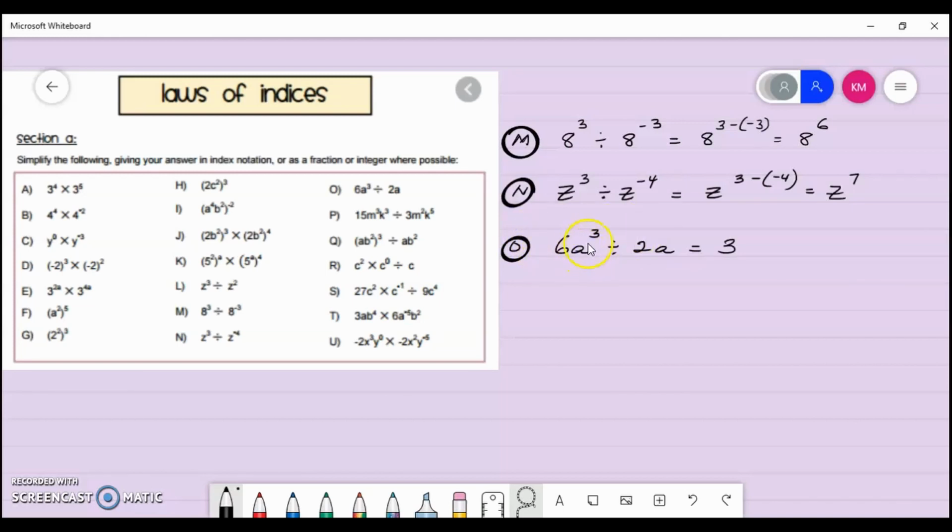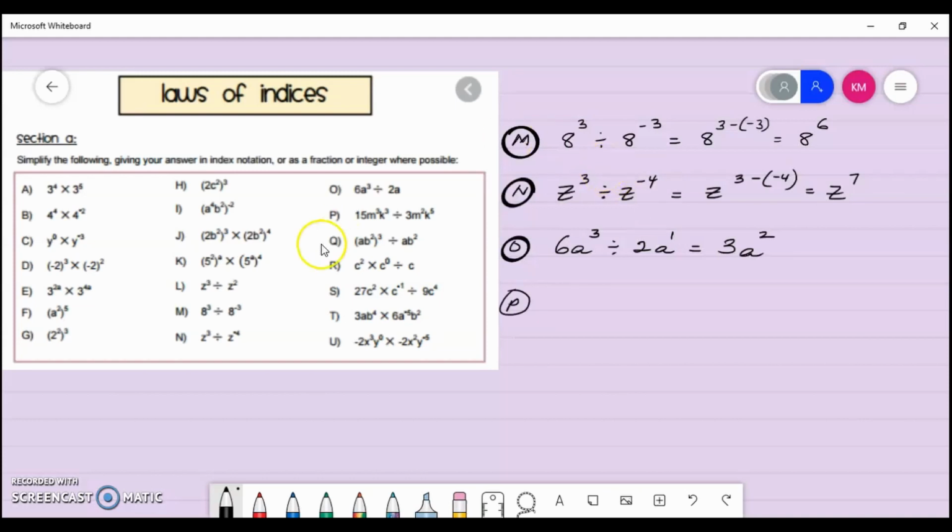So this is going to be a to the power 3 divided by a to the power of, I don't see an index here, but we know that this is understood to be 1. Remember, anything to the power of 1 is going to be equal to itself. So when you see a variable without an index, it is understood to the power of 1. So here we are going to get 3, take away 1, we are going to get 2. So it's going to be a to the power of 2.